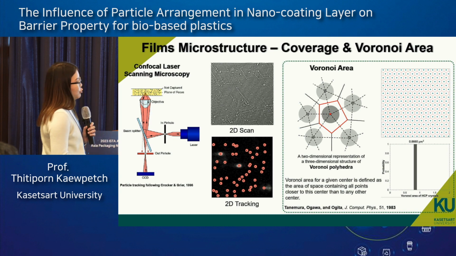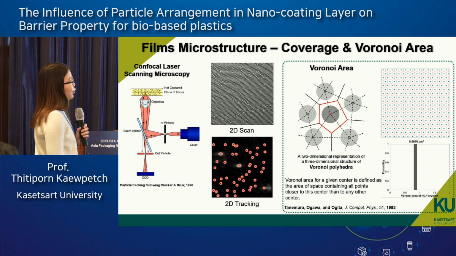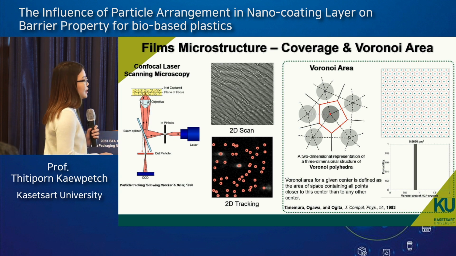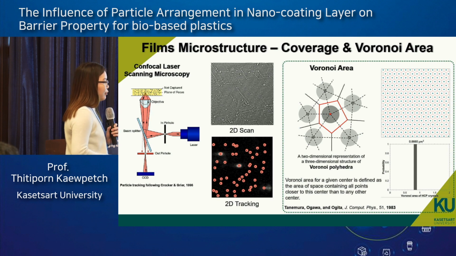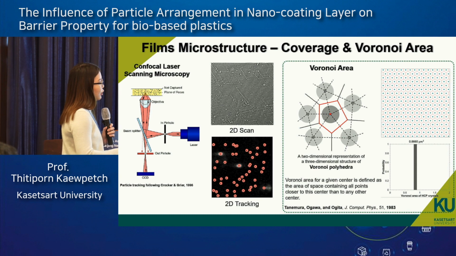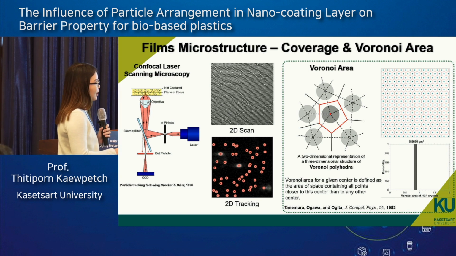For the density of the structure, we can use the Voronoi area, which is the area of space that is closer to this center.